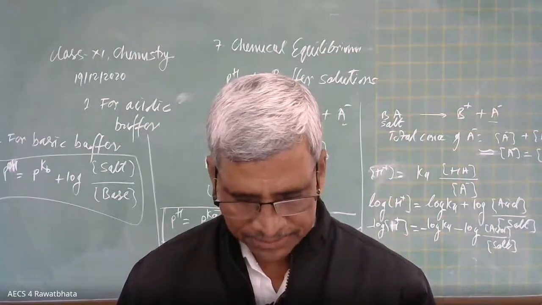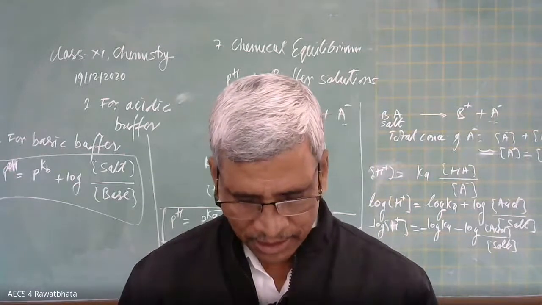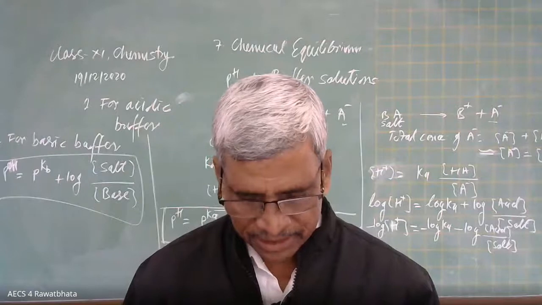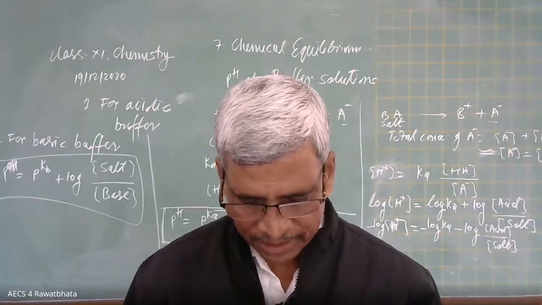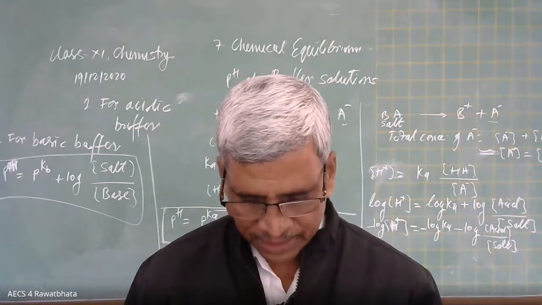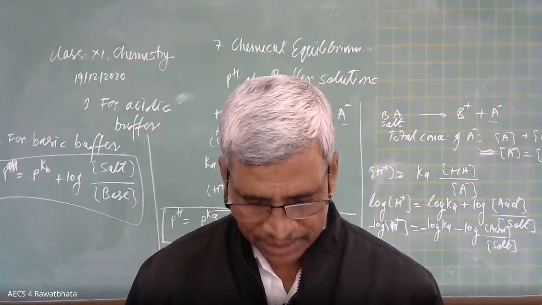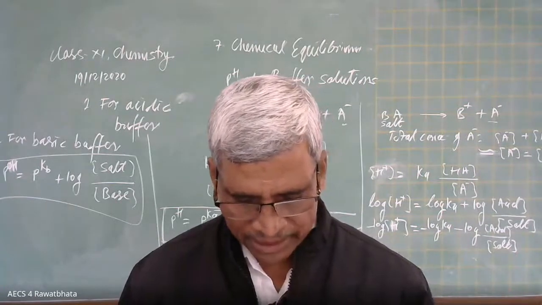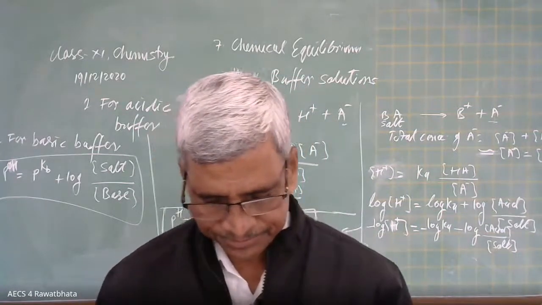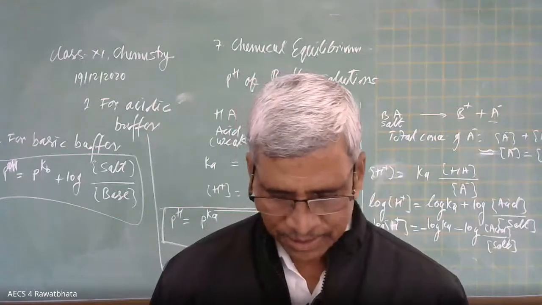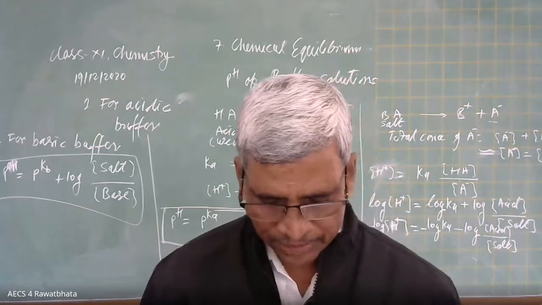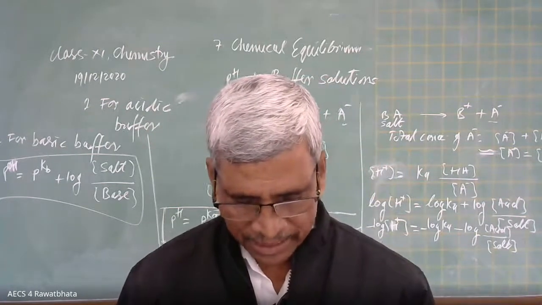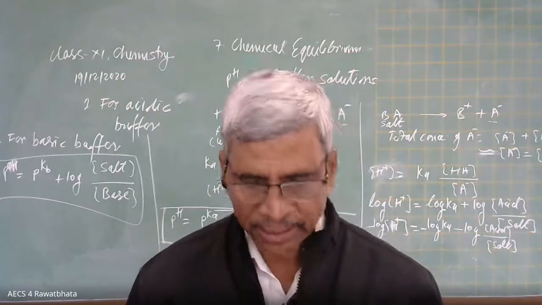And another one, question number 11. A liquid is in equilibrium with its vapor in a sealed vessel at a fixed temperature. The volume of the container is suddenly doubled. There is an equilibrium between liquid and vapor, and the volume of the container is suddenly doubled.